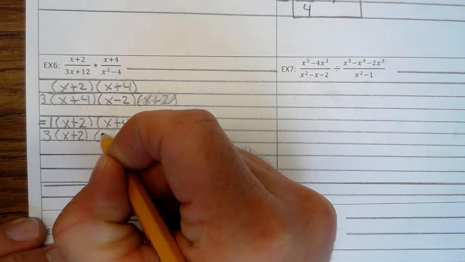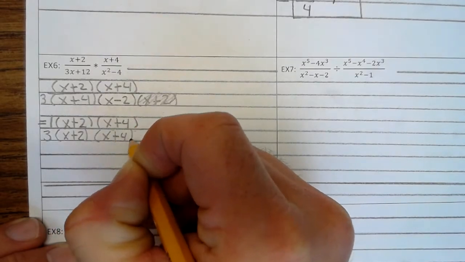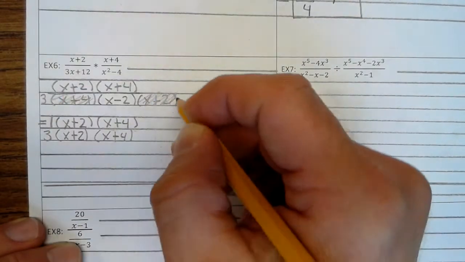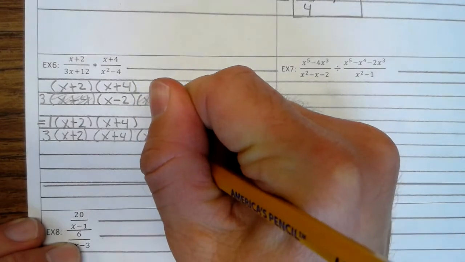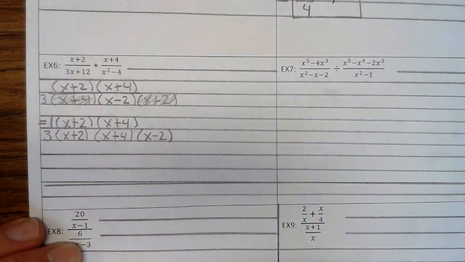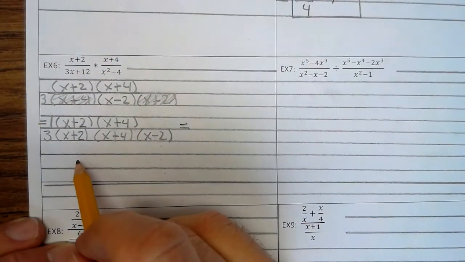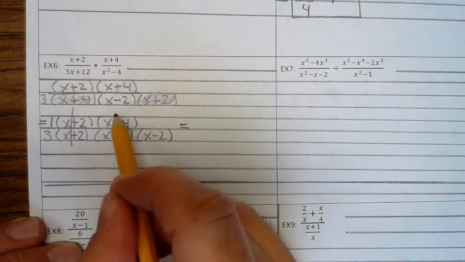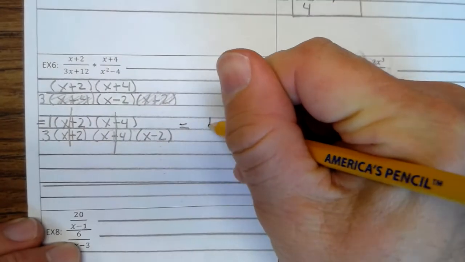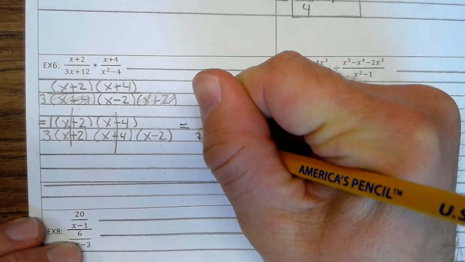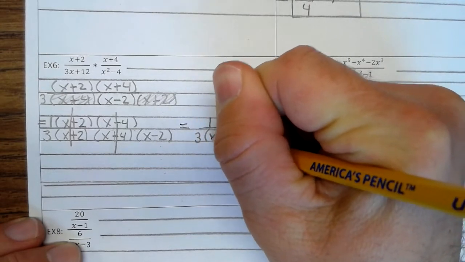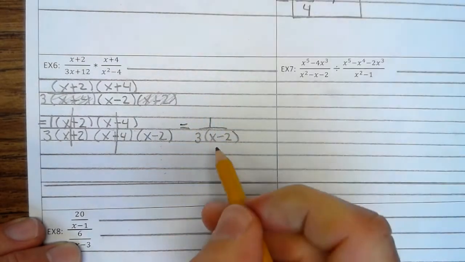And then x plus 4, I'm marking it out. And then x minus 2. Anything divided by itself is 1, so this becomes 1, this becomes 1. So we're left with 1 divided by 3 times x minus 2.